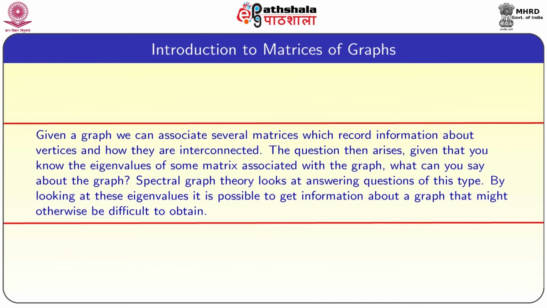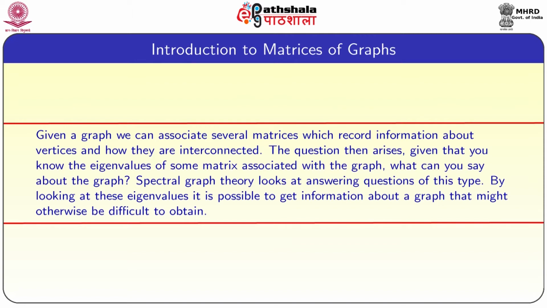Introduction to matrices of graphs. There are various matrices associated to graphs. Given a graph, we can associate several matrices which record information about vertices and how they are interconnected.